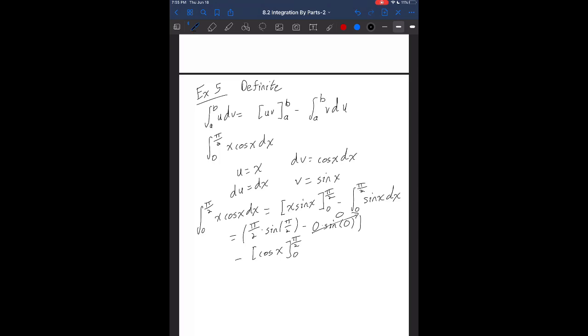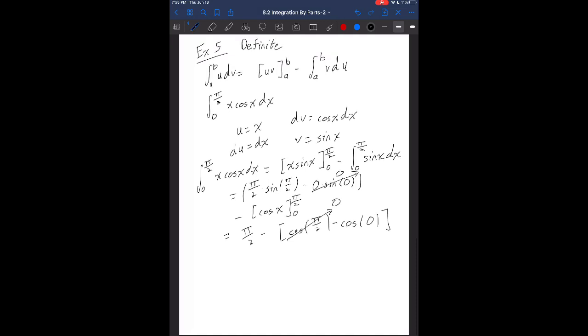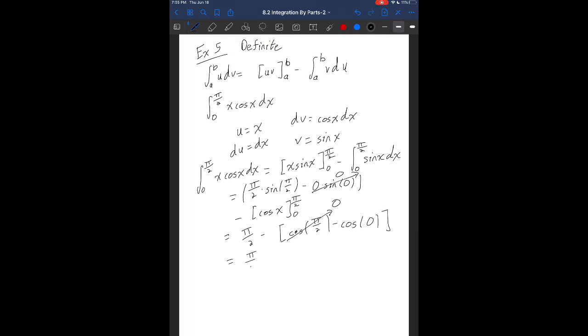And this first part, pi over 2 times sine of pi over 2, just becomes pi over 2. So we have pi over 2 minus cosine pi over 2 minus cosine of 0. Cosine of pi over 2 is 0, and cosine of 0 is 1. So we have minus a negative 1, which becomes pi over 2 plus 1.